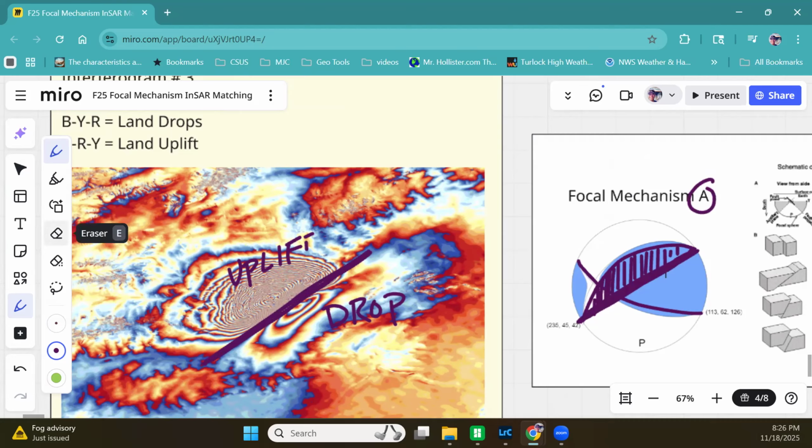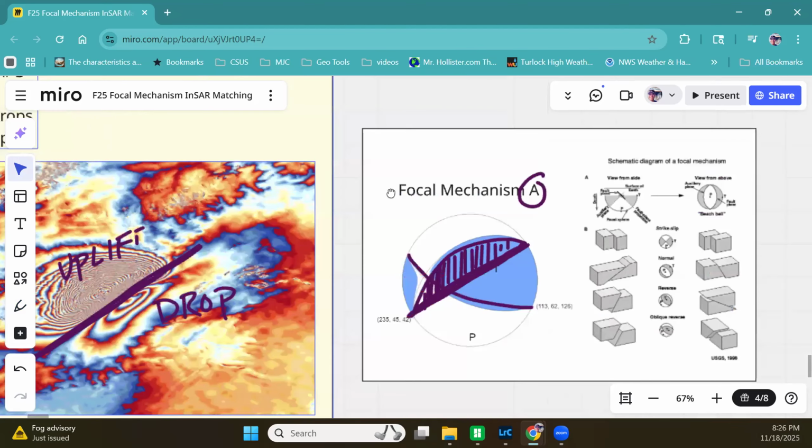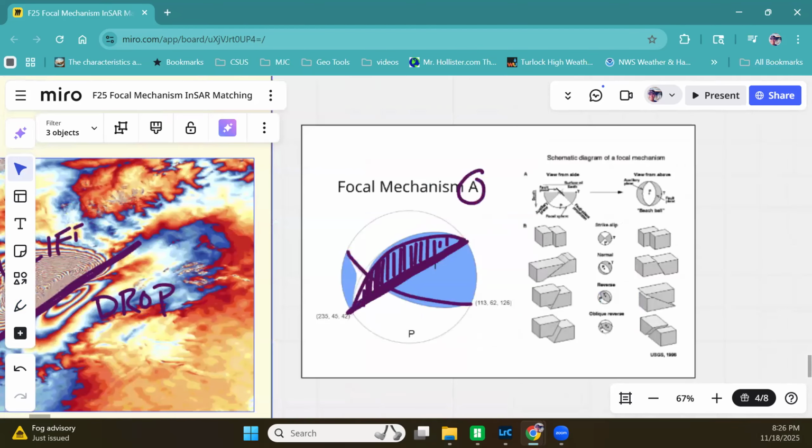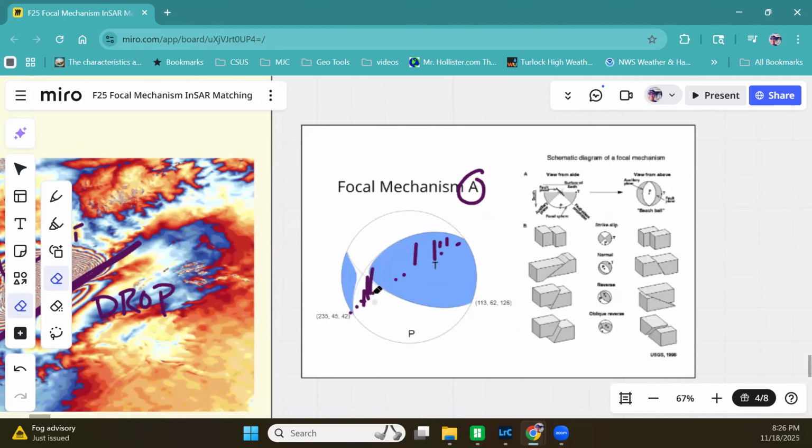And so the next question becomes, all right, what type of fault is this? If you're looking over here, and maybe I should clear away some of my drawing so you guys can see underneath, remember the whites push the blues.